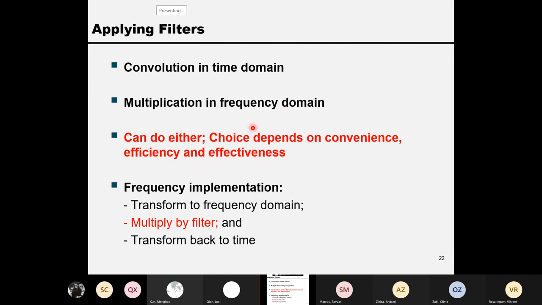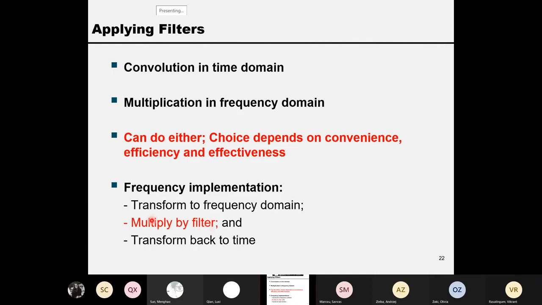In the frequency domain implementation, the filtering includes 3 steps. First step, you transform your seismic trace to the frequency domain by Fourier transform. And in the frequency domain, you multiply the frequency spectrum of the seismic trace by a filter, which means you multiply weighting coefficients to individual frequency components, right?